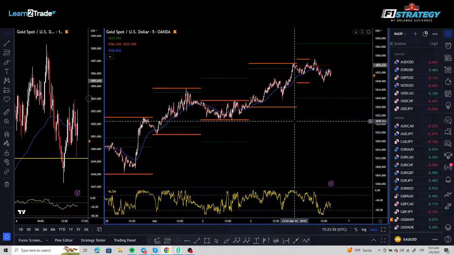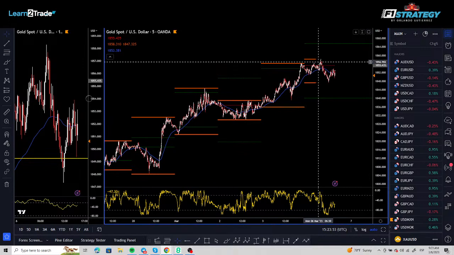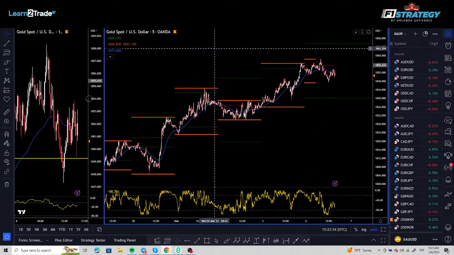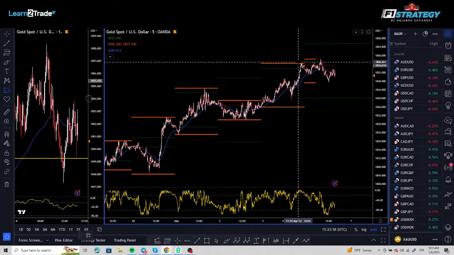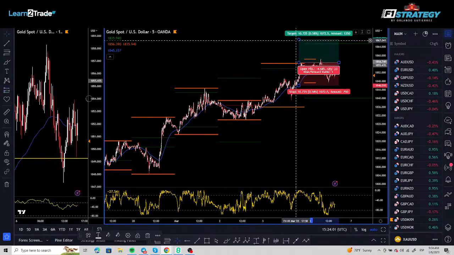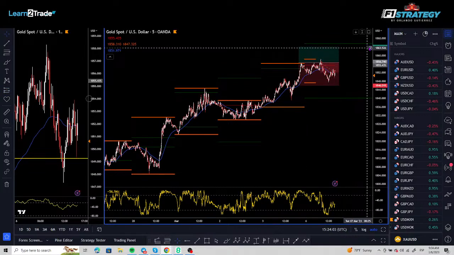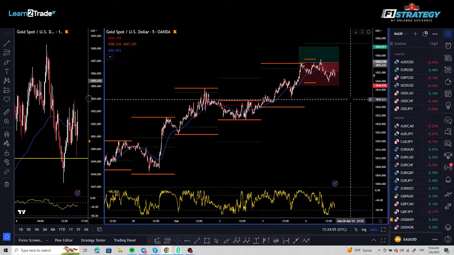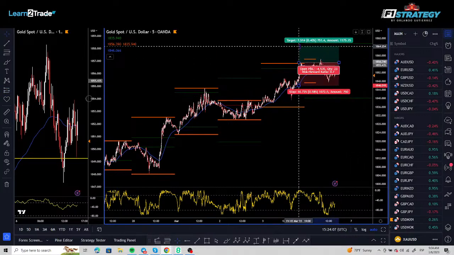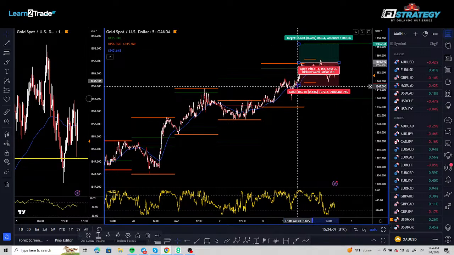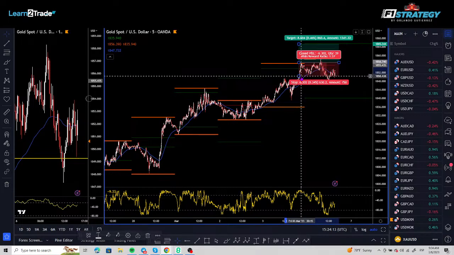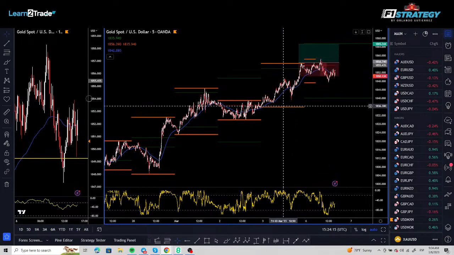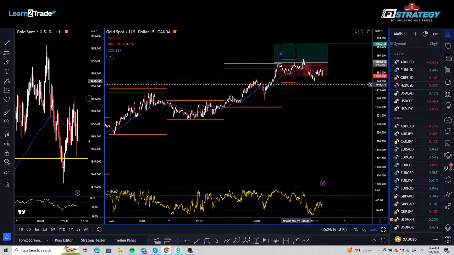There could have been one here, but it was invalidated. And I wouldn't have taken it because the F1 strategy gives you the targets to the upside and the downside with these lines, right? And it gives you the stop losses with these orange lines, right?